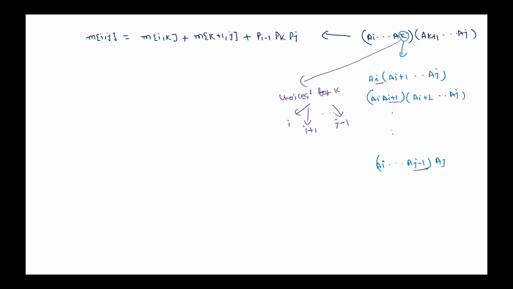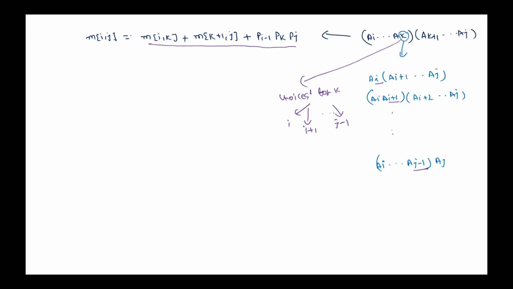For each value of K, we find this value. For whichever value of K this value is minimum, that we call our optimal choice. Is that correct?